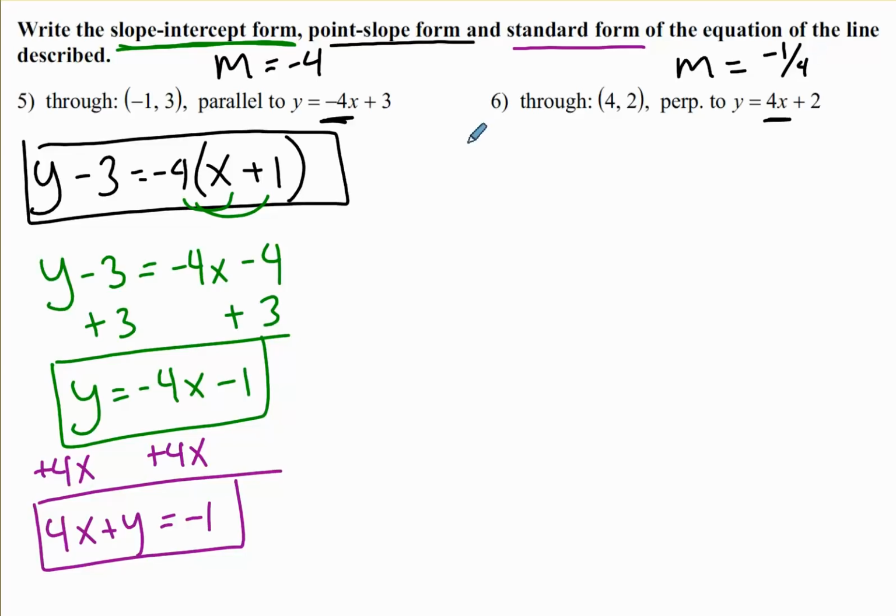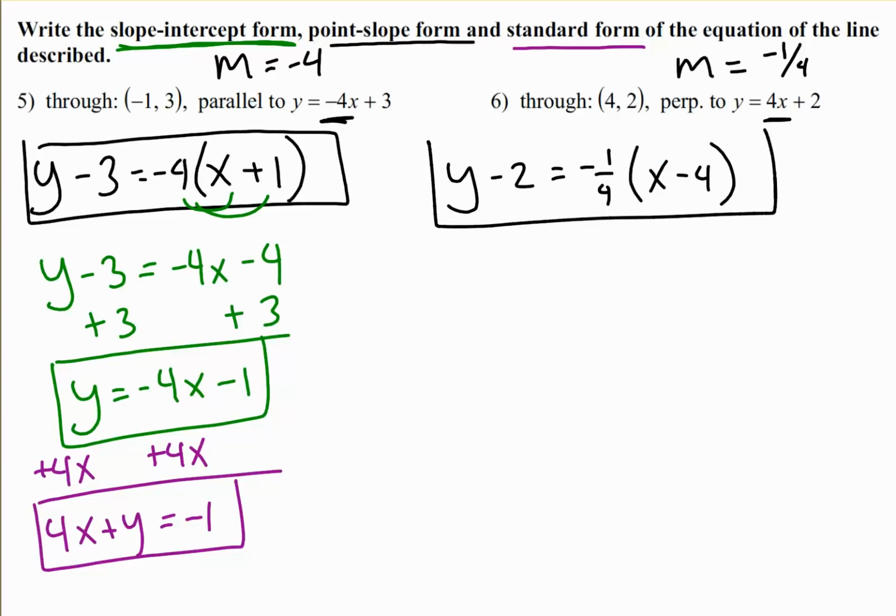So we'll do the same thing. We'll put it in point slope form first. So point slope form, y minus 2 equals negative 1/4 times the quantity x minus 4. We're just substituting in our values of x and y.